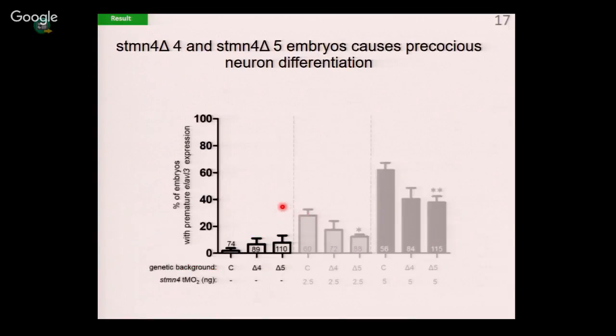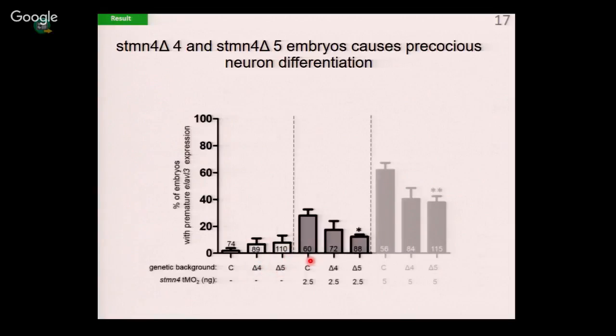Then they examined premature neurogenesis in dorsal midbrain in wild type and stem 4 mutant embryos. Indeed, most of the mutant embryos from both lines developed normally. Only 6.7% in stem 4 deletion 4 and 7.8% in stem 4 deletion 5 mutant embryos show the premature LVO3 expression.